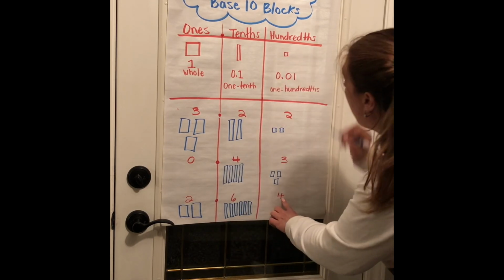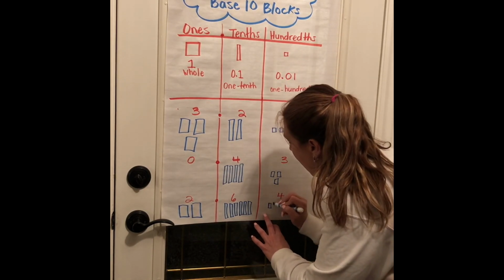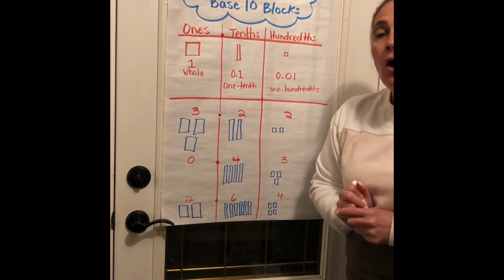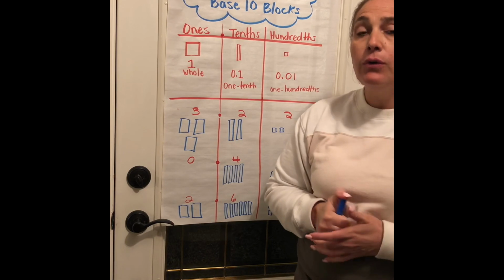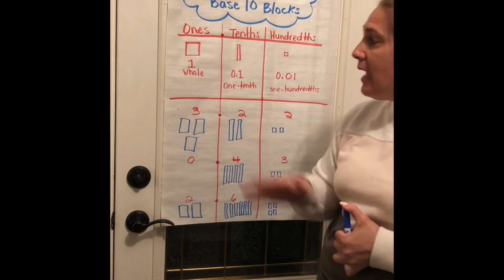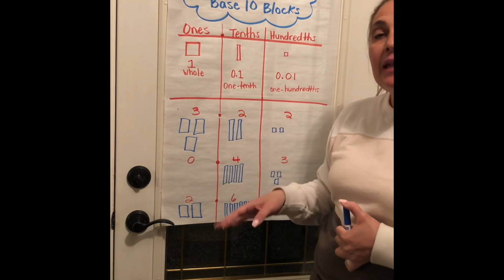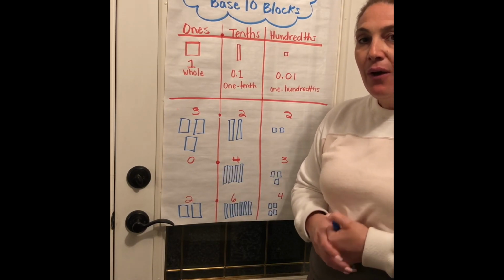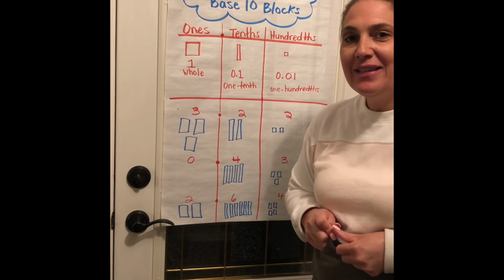And we draw 4 hundredths, so 4 little cubes. Hopefully this helps you, because tomorrow you'll be doing work out of the textbook and you're going to need to understand how to represent decimals using base 10 blocks. We will talk to you later. Good luck.